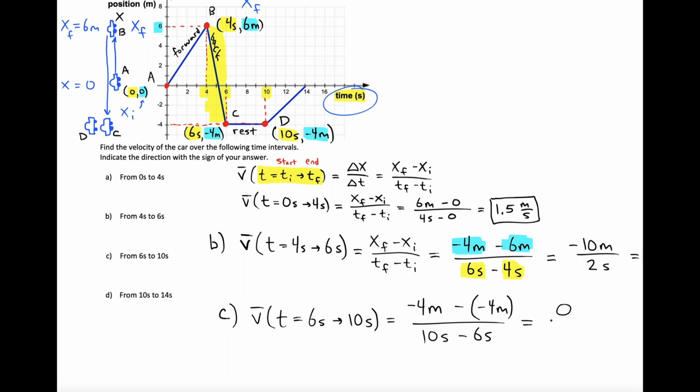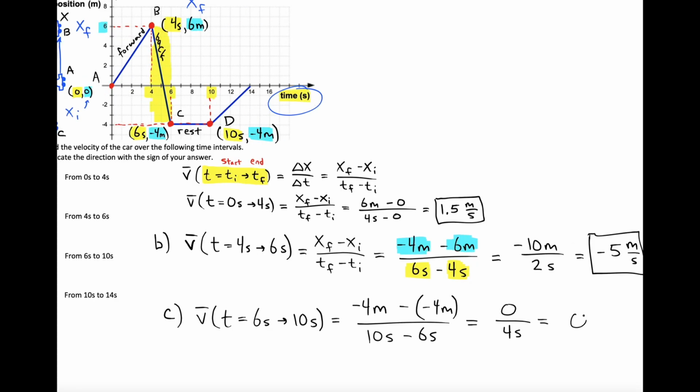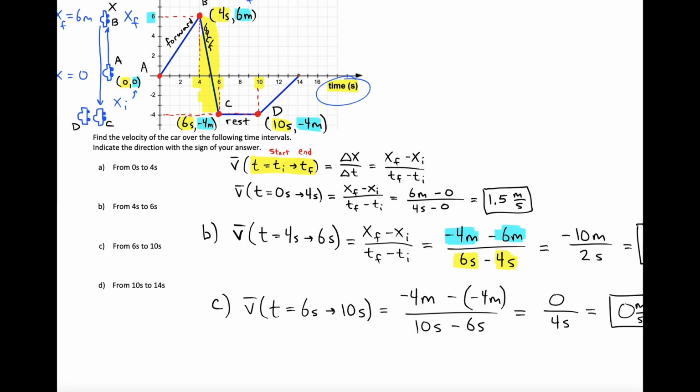And we're supposed to get 0/4. This shows that our car's velocity in that interval is 0 meters per second. So it's at rest. Finally, for the final leg of the motion, we'll go from point D to point E.